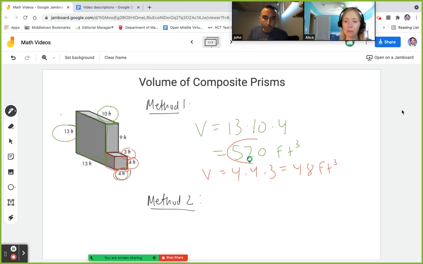And then I'm just going to add them up. So my overall volume for the whole solid is going to be 520 plus 48. And John, I'm sorry, I'm hogging the slide here.